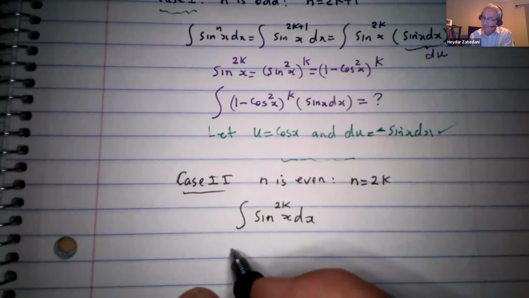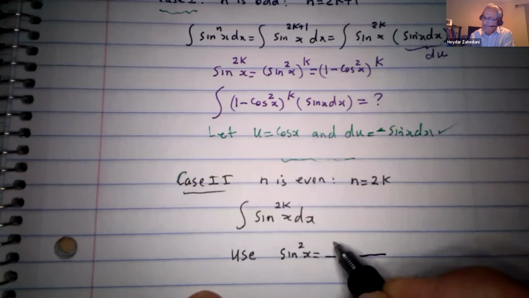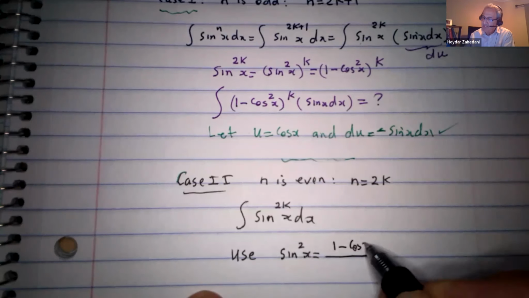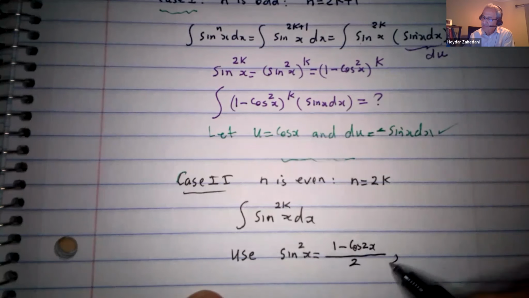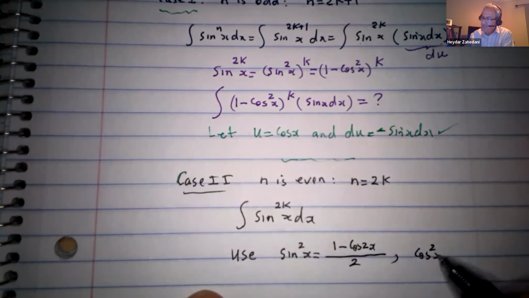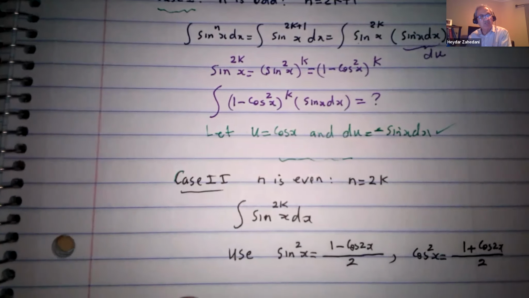You use this fact that sine squared of x is 1 minus cosine of the double angle, 2x, over 2. And cosine squared is 1 plus cosine of 2x over 2. So you substitute, you change it to the power of the cosine, and you should be able to take care of it. The double angle formula will do it for you.